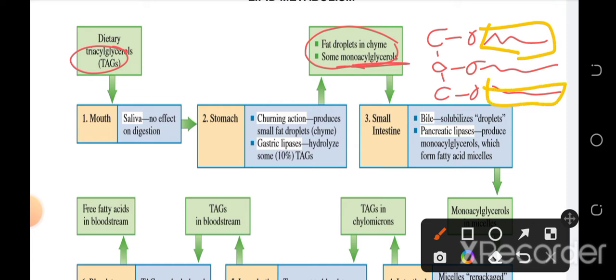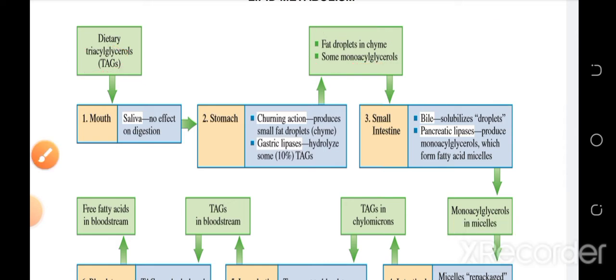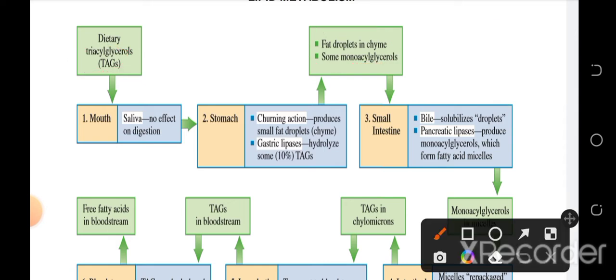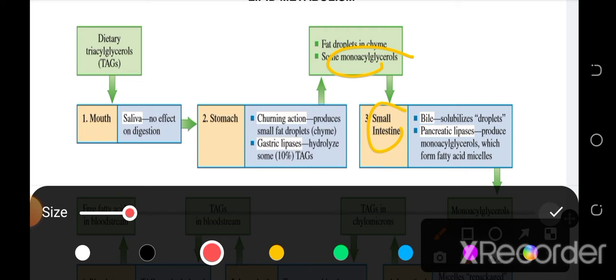Kaya magiging monoacyl na lang siya. Isa na lang yung fatty acid na naka-attach kay glycerol. Okay? So, that's monoacylglycerol. So, matatanggal na tong dalawang fatty acids. Okay?